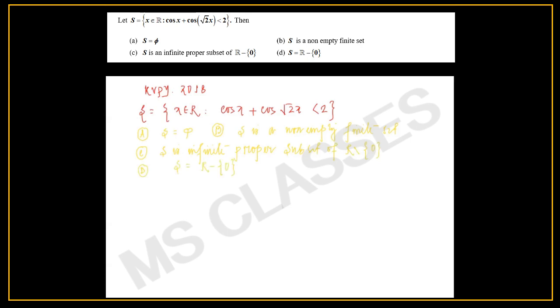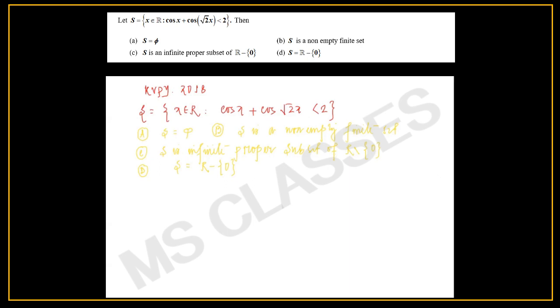So these are the possibilities we have. Now, since 0 is a point that has been highlighted by the options, we can just verify whether 0 will satisfy the given condition or not.